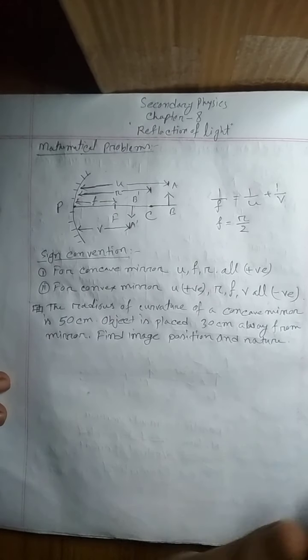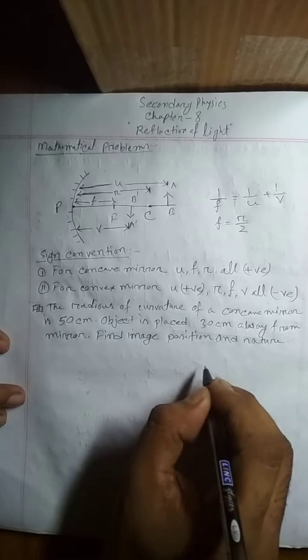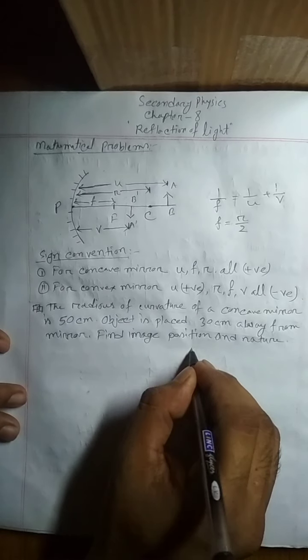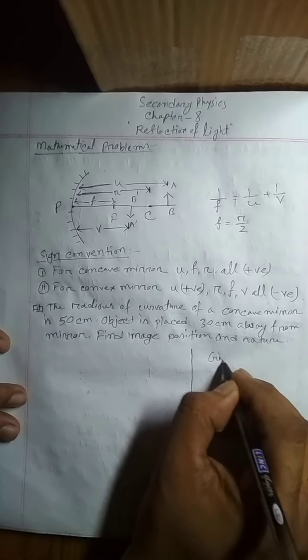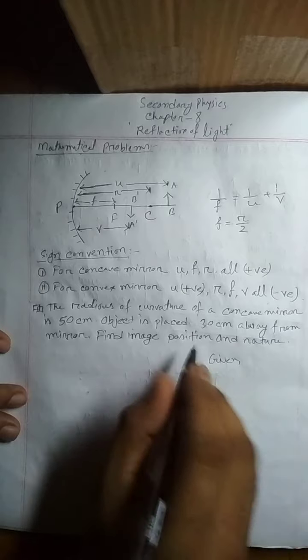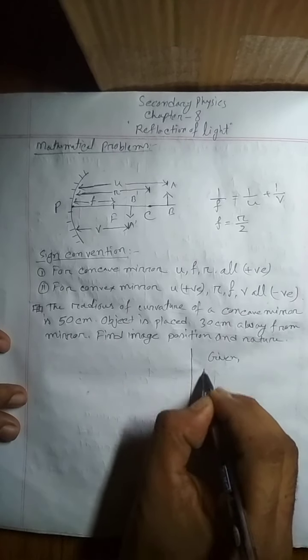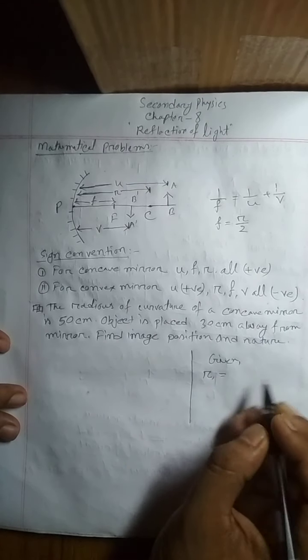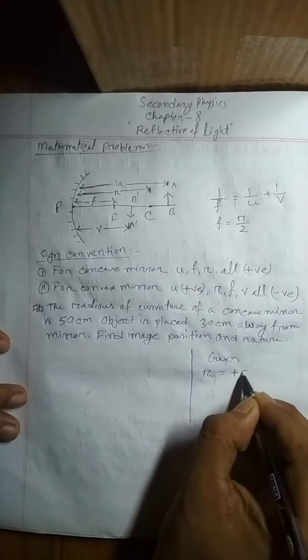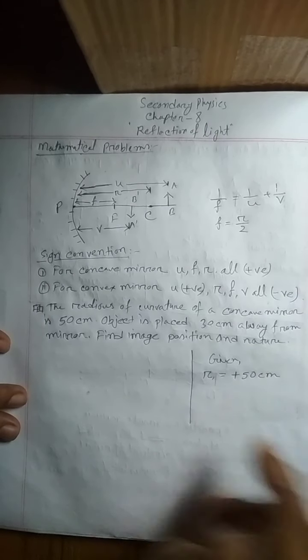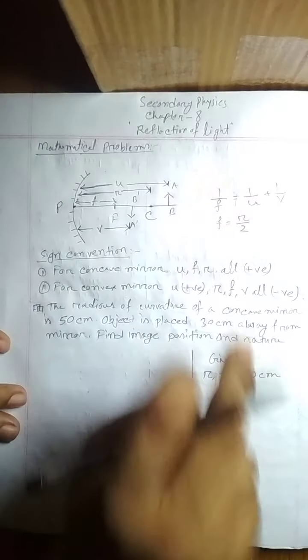Okay, now we will do the math. First, given: radius of curvature r is equal to plus 50 centimeter. Plus means the sign convention, you have to follow it here.